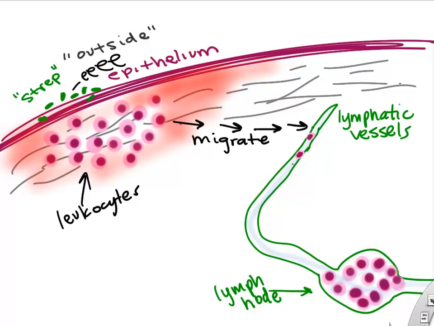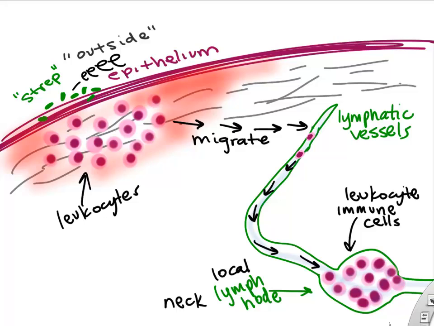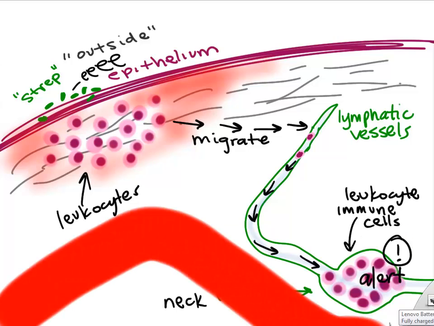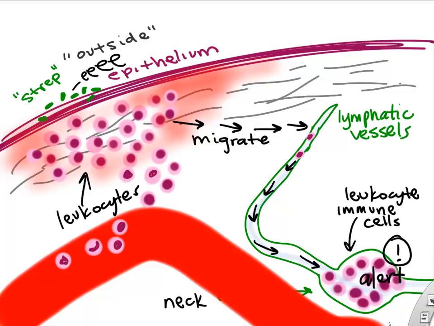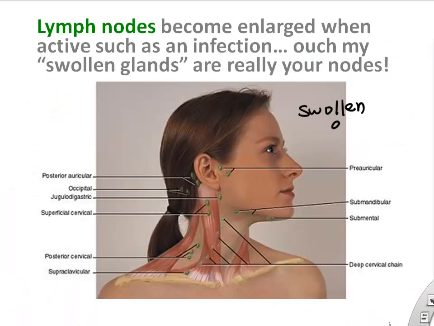Some of those leukocytes will then go and migrate to local lymphatic vessels and travel to the nearest lymph node. And what those leukocytes can do is to alert other immune cells that you have an infection. And then those immune cells can divide, create more immune cells, travel to the infection through the bloodstream, and now you've got lots and lots of activated leukocytes traveling specifically to fight that strep throat infection.